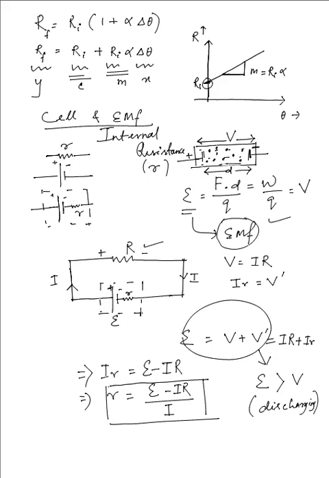Now as a cell needs to get charged, it is connected to a supply. The supply can be your household circuit supply of 220 volts, or in other countries 110 volts, whatever may be the case.